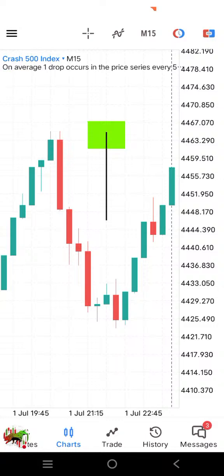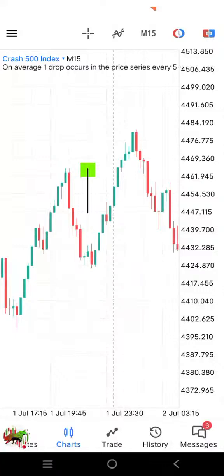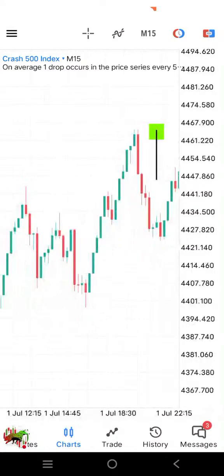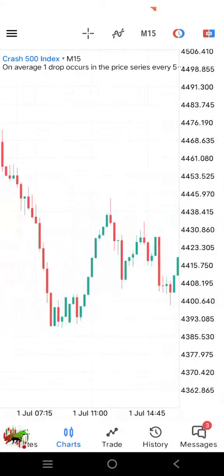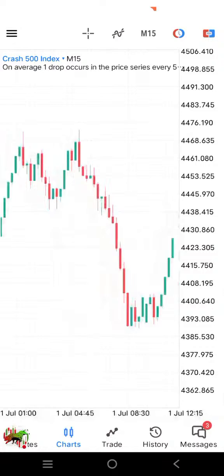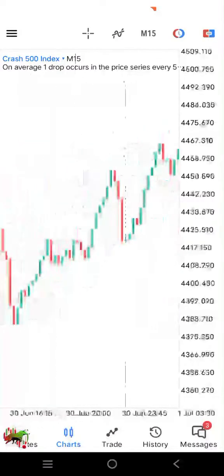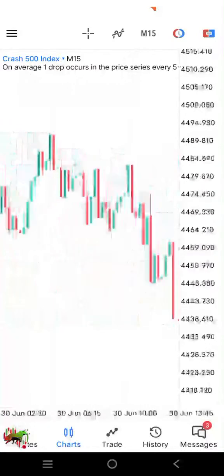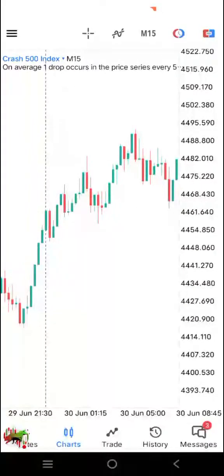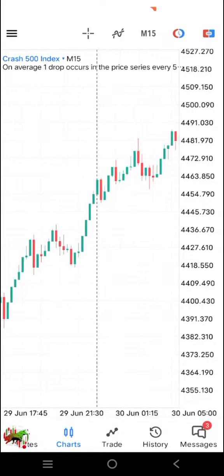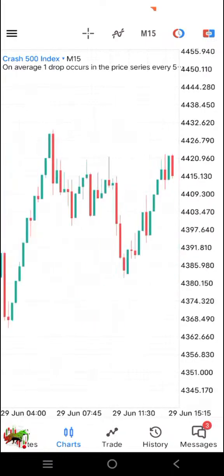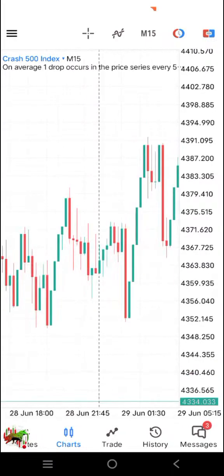Okay, guys, I showed it somewhere on top or somewhere at the bottom. It's much more important that you are at a higher high or higher low, or lower low or lower high. It's a reversal pattern.